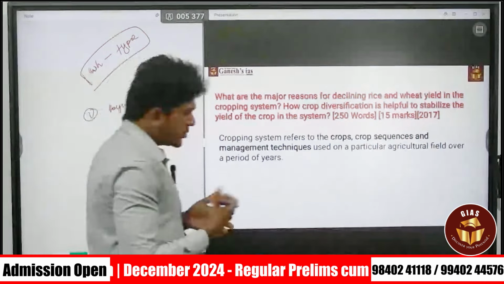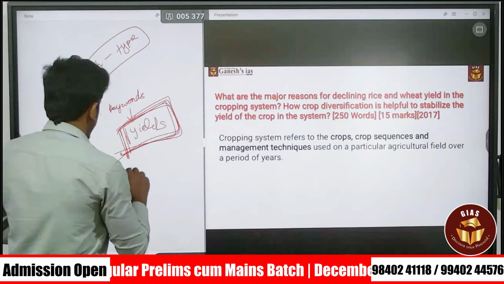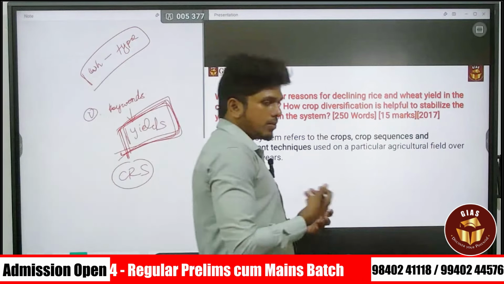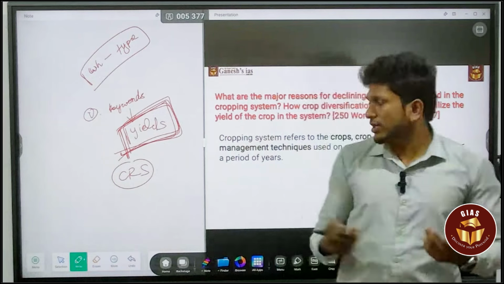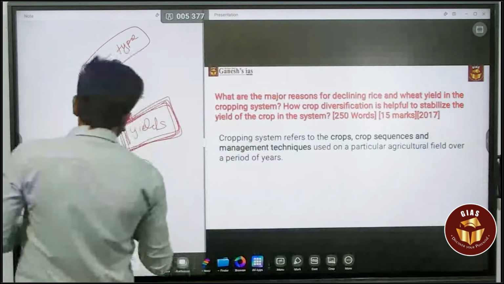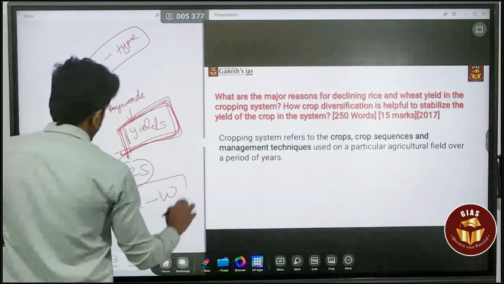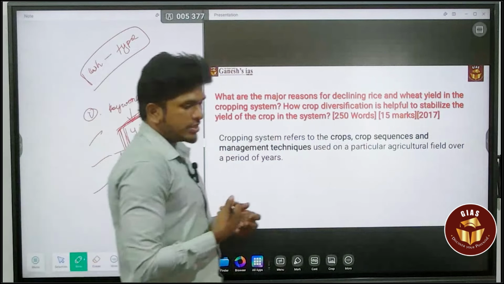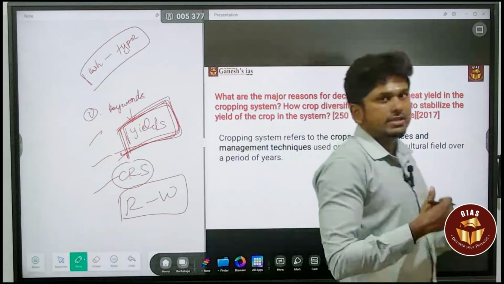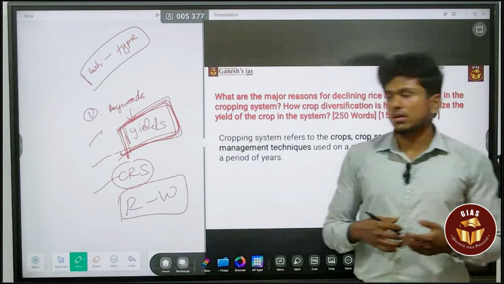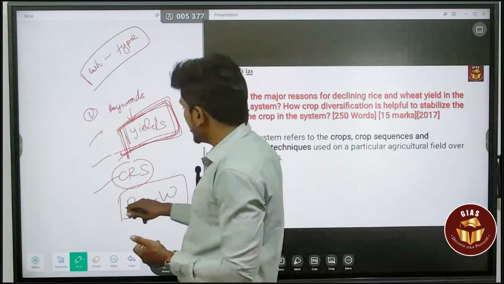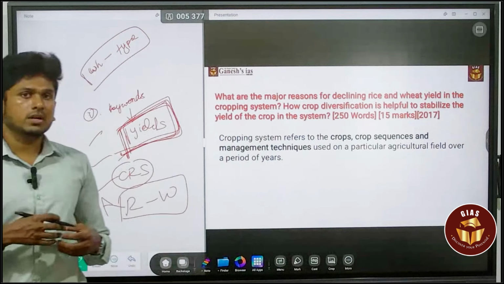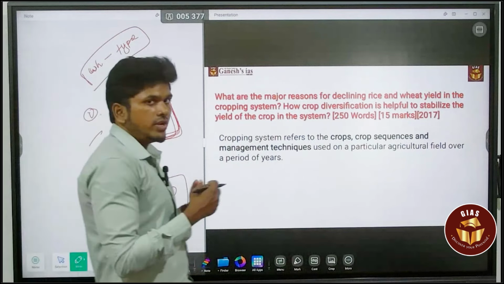Or else you can speak about the cropping system, what a cropping system is, or about rice and wheat production in India. How much rice is India producing? If you know the exact data, you can quote it. Or you can mention the ranking: India's rank in global rice production and also in wheat production.